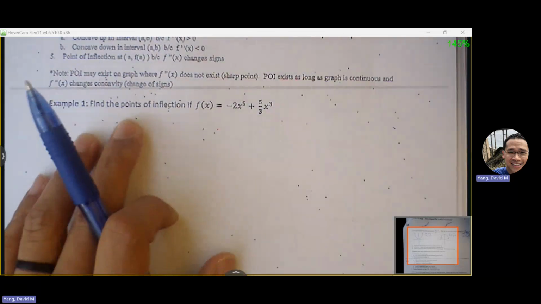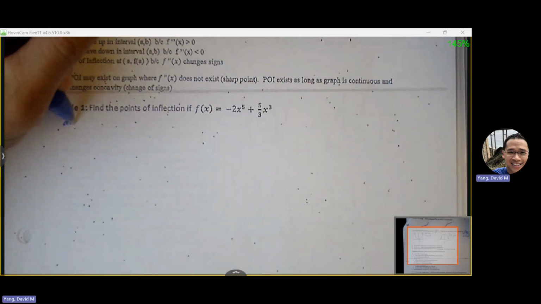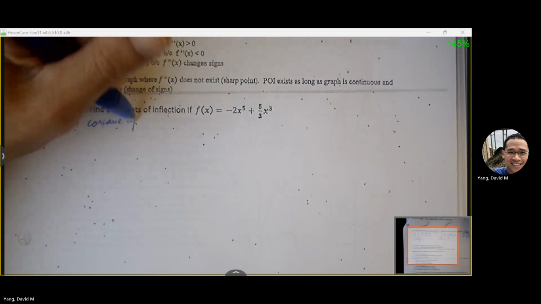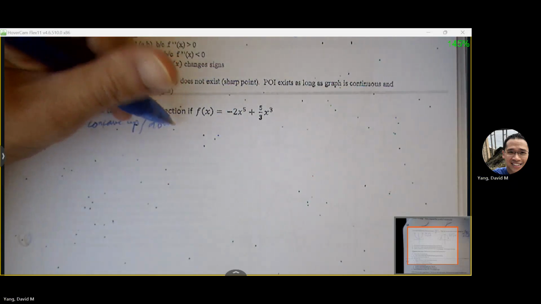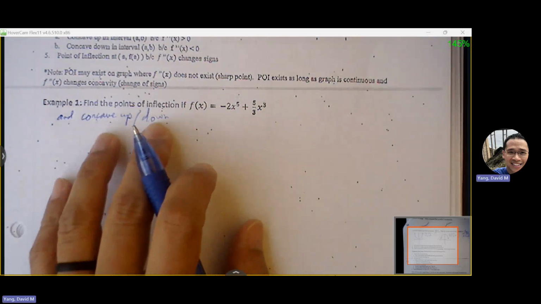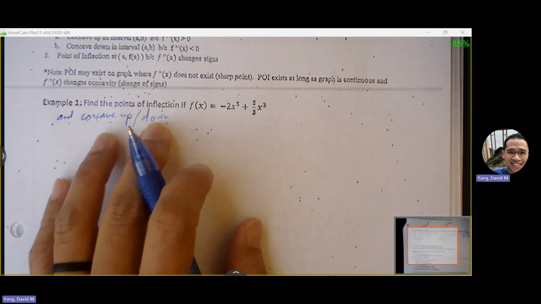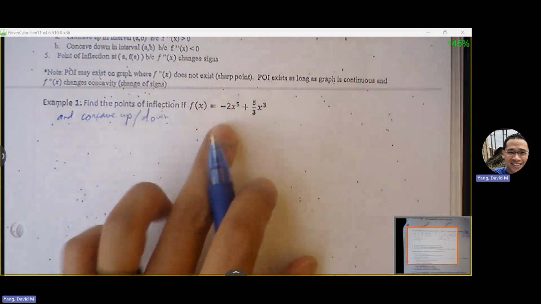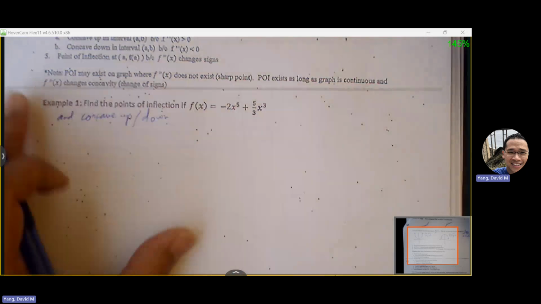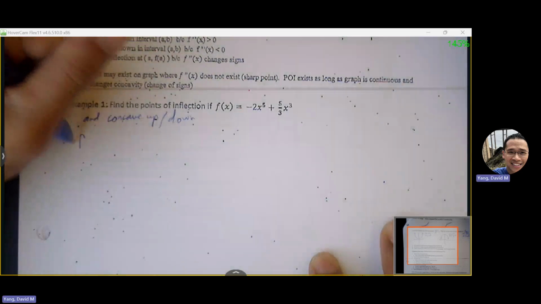Okay. So here's example 1. We're going to find points of inflection and intervals of concave up, concave down. So this is the test for concavity, and we're going to gather everything from the second derivative level. So we have to make our way down to f double prime. We'll go through the power rule twice. So f prime first.